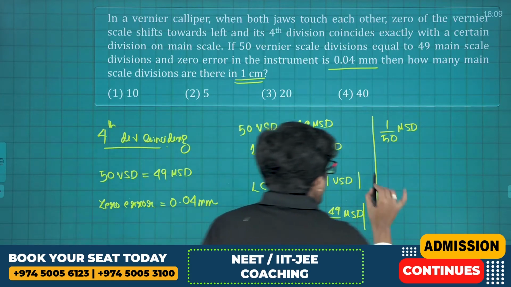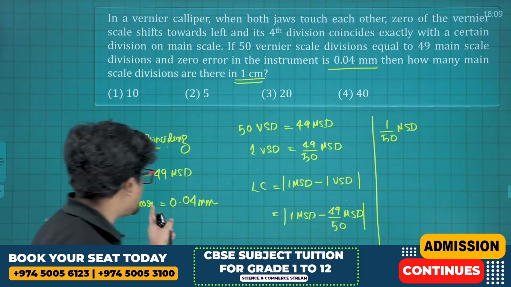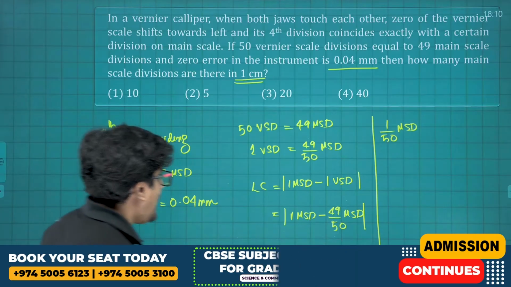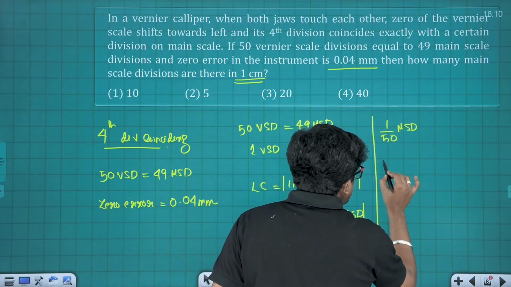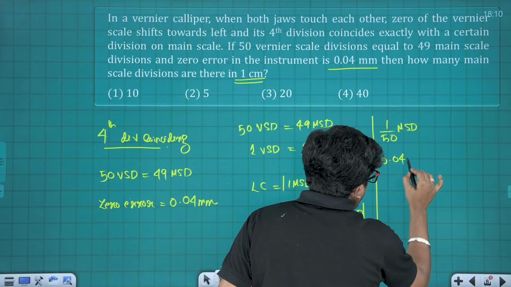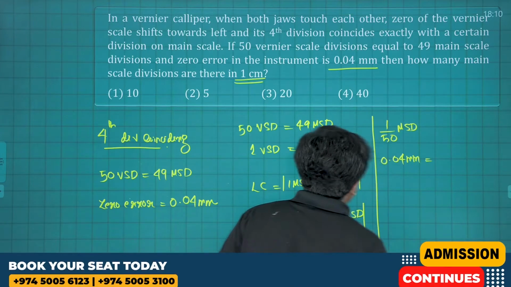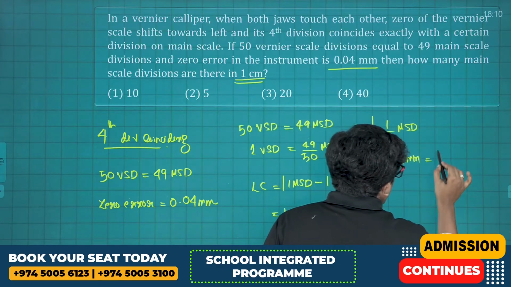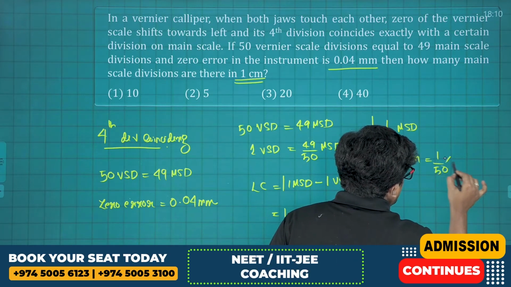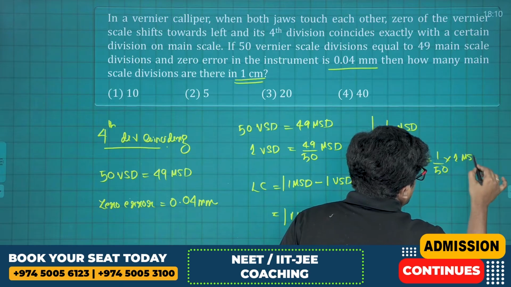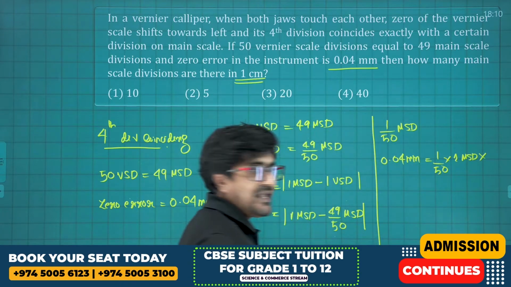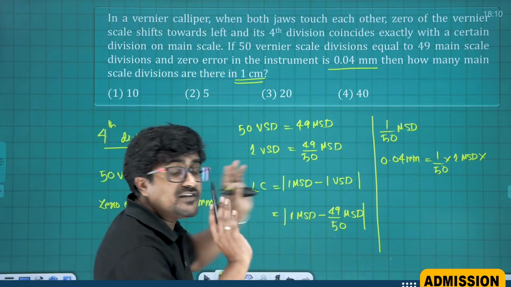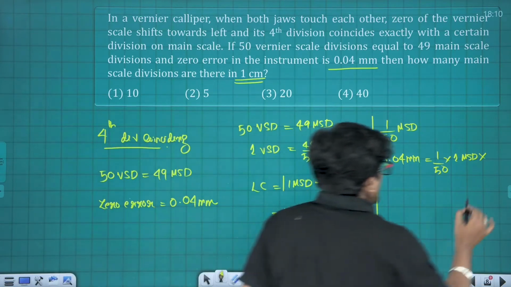Yes. Now, what about the zero error? Zero error is marked as 0.04 millimeter. And this zero error, 0.04 mm, should be equal to the least count. What is the least count? 1 upon 50 into 1 main scale division, into the coinciding division on the main scale, that is the fourth division.